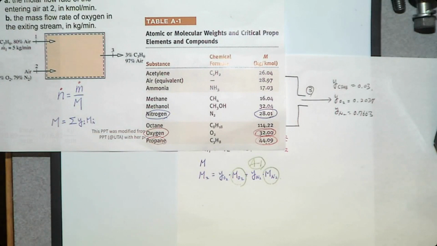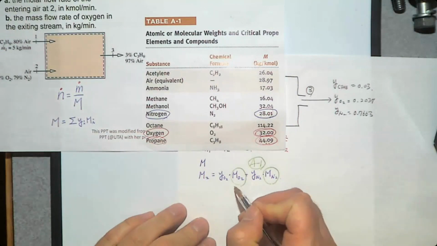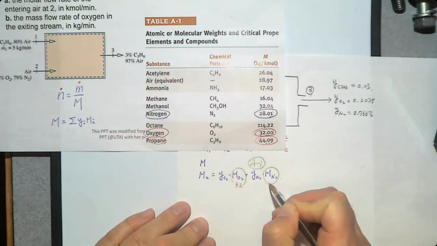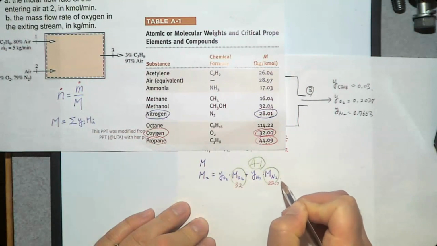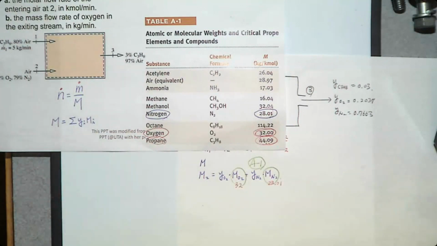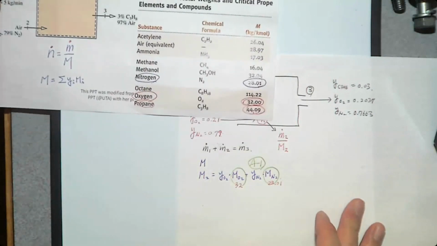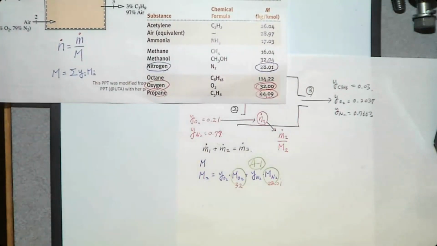The molecular weight of oxygen is going to be 32. The molecular weight of nitrogen is going to be 28.01. So this one is 32. This one is 28.01. And the mole fractions of oxygen and nitrogen are here.